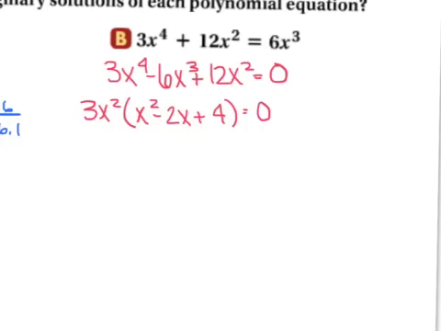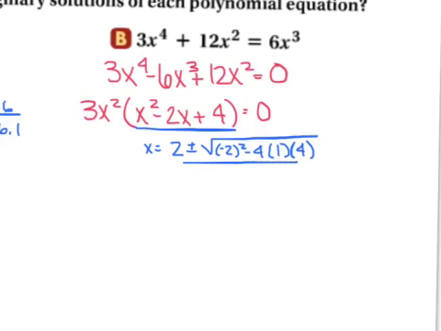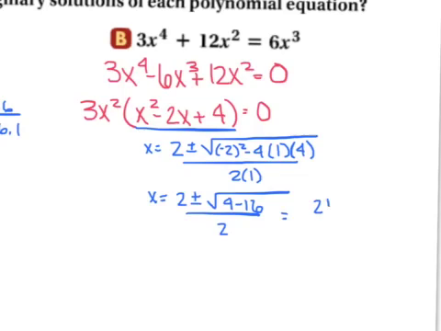Now we need to solve what's in here in the parentheses using, like Dom said, the quadratic formula. x equals the opposite of b plus or minus square root of b squared minus 4ac, all over 2a. Just keep simplifying.